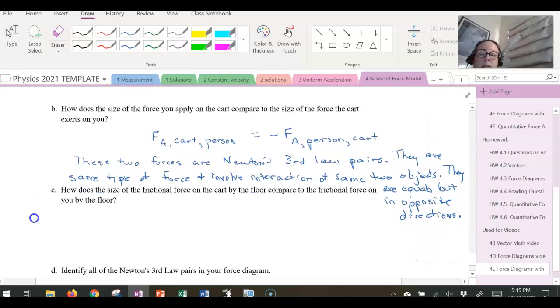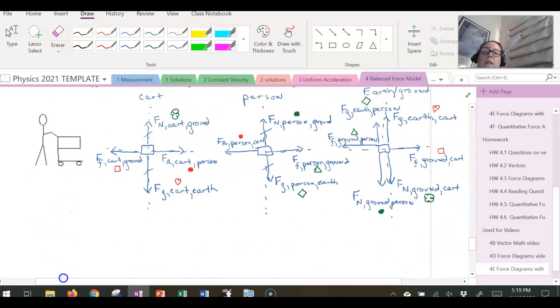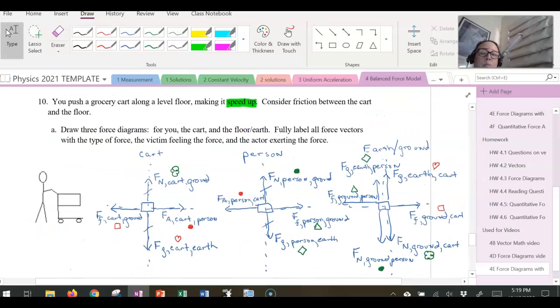Okay, then it says, how does the size of the frictional force on the cart by the floor compare to the frictional force on the person by the floor? Well, let's go up and look. We know the cart is speeding up as it moves to the right. Therefore, the net force is to the right.